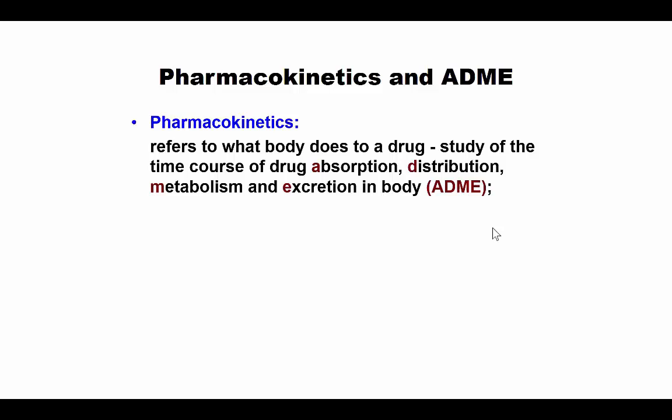To take the compound or drug molecule into our body, the first step is absorption, represented by A. Then distribution: the drug candidate should reach its target through distribution in the body. Then it is metabolized, and eventually excreted. This whole process we call ADME.